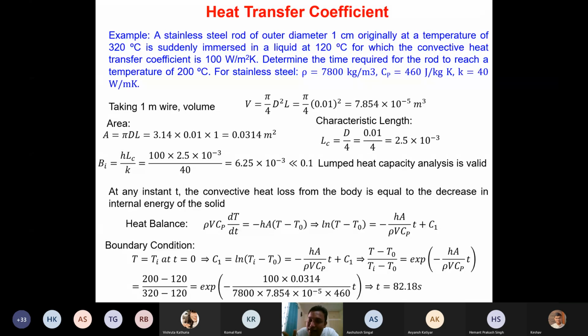Here, it is taking place not only in a radial direction but also in an axial direction, and therefore using either a length or the radius is not correct, isn't it? In this case, we need to find a more accurate length which will account for both the effects, and therefore this concept of characteristic length is used, which is defined here as volume divided by area.